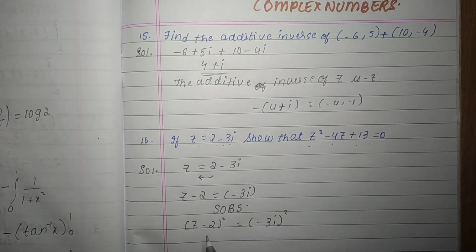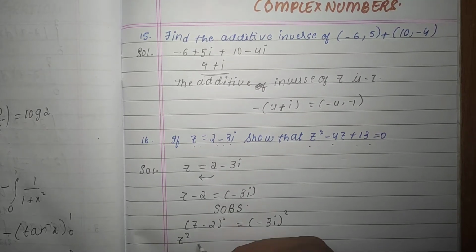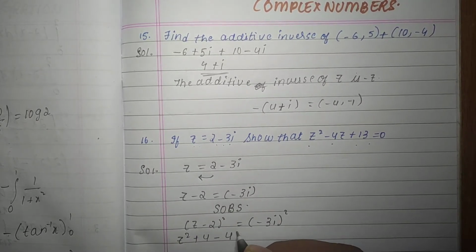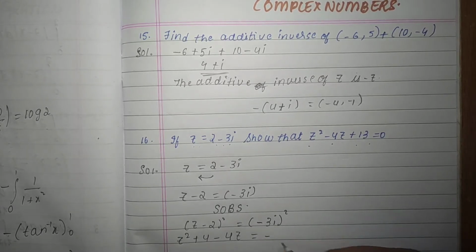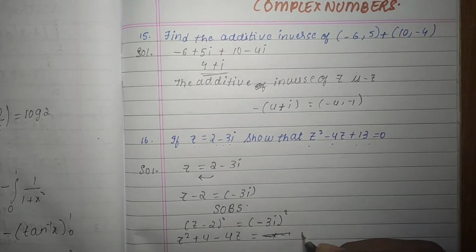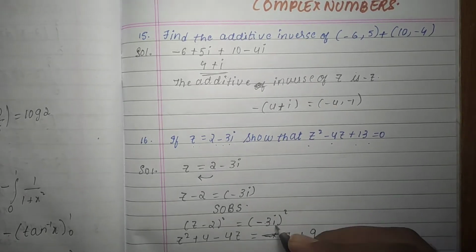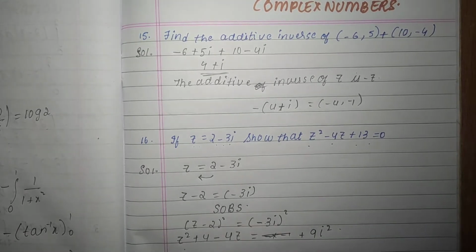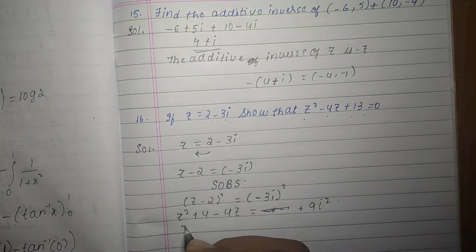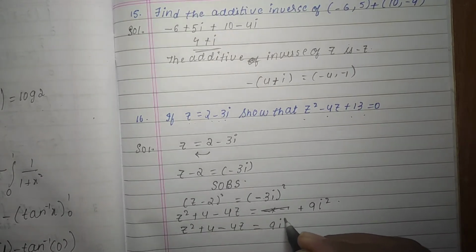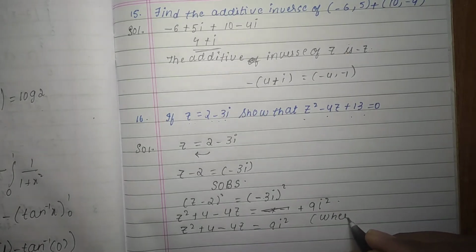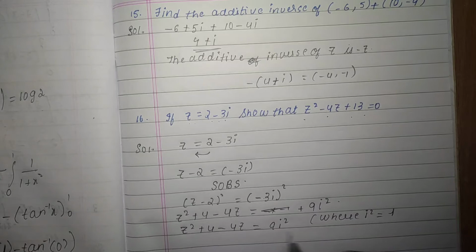This is in the formula of a minus b whole square, which is z square plus 4 minus 4z is equals to, this is minus into minus, that is plus, 3 whole square is 9, this is i square. So this becomes z square plus 4 minus 4z is equals to 9i square, where i square is equals to minus 1. So substitute this, z square plus 4 minus 4z is equals to minus 9.